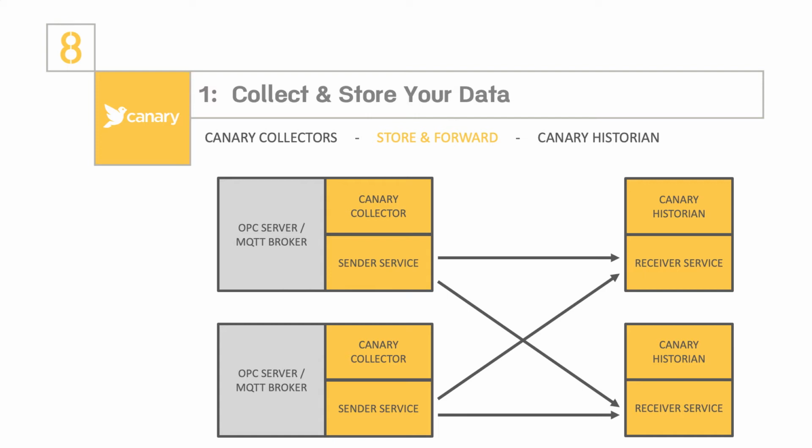Now, how does it work, you might ask, if you've got the same tag pushing from 2 sender services? Well, it works on a very simple rule: first timestamp in is the value that the Canary historian will then store inside of the historian. Right, so this gives you a lot of architectural freedom, and you can go and plonk down as many of these Canary collectors as you want, depending on what you need to achieve with your architecture.